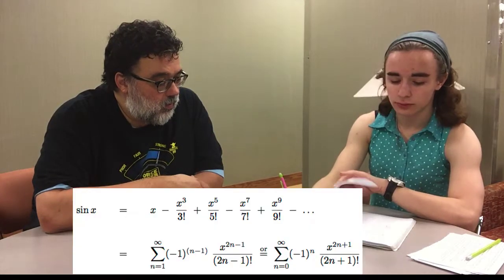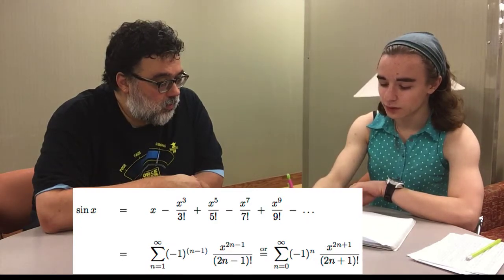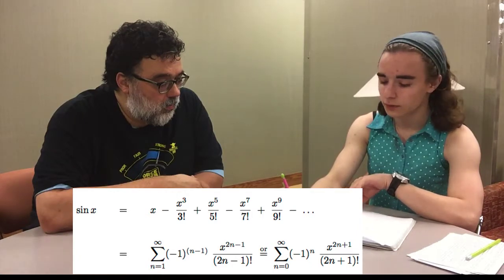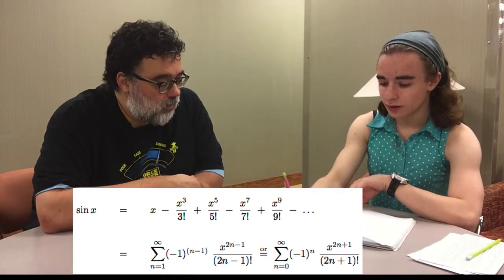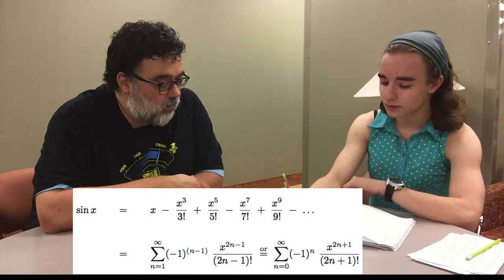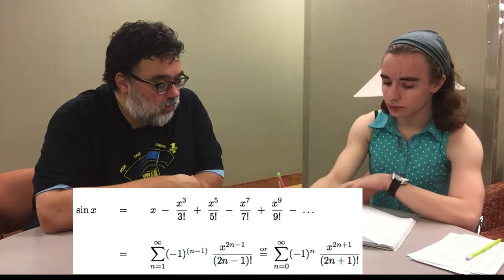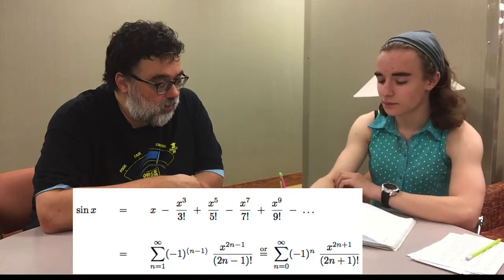The Maclaurin series for sine of x is again the sum from 0 to infinity of -1 to the n over (2n plus 1) factorial times x to the 2n plus 1. And then the last one, cosine of x.